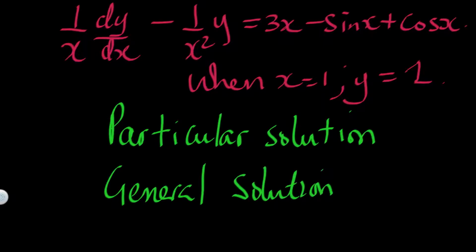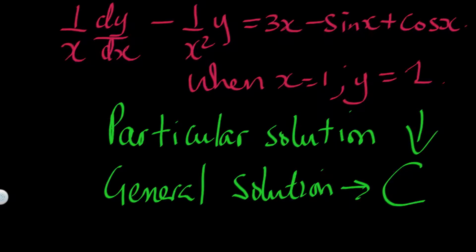In fact, before you find your particular solution, you should find your general solution. A general solution contains the general constant called c, whereas in the particular solution, we actually have a value of this c. If we have the value of c, we have a particular solution. If we don't have the value of c, we have a general solution. We are given x and y so that we can evaluate our c. Very important for you to note that.